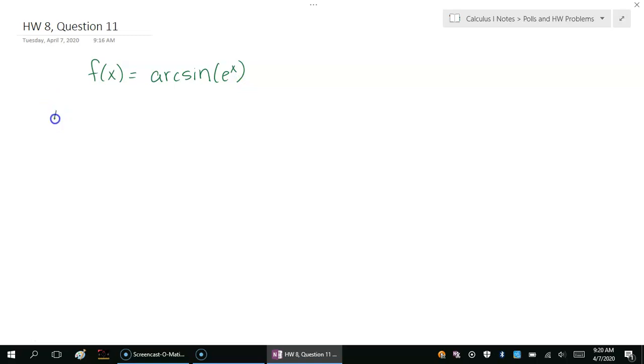We want to find the derivative, we want to find the domain of the function, and we want to find the domain of the derivative.